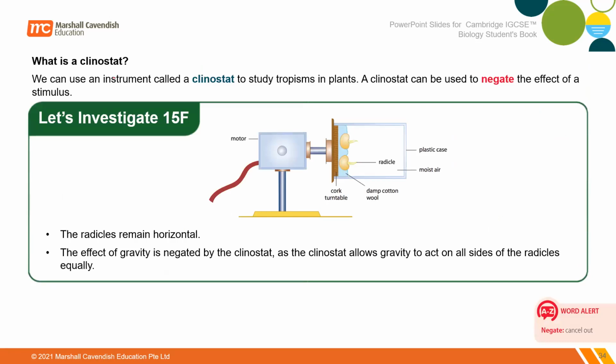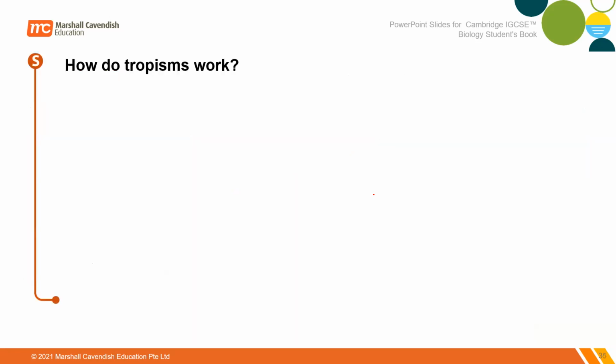The Klein state is an instrument used in order to study tropism in the plant. When we have this kind of motor rotating all of the seeds and auxins, definitely the growth will be like that, horizontal like that, without going upward or downward because there is no unequal distribution or uneven distribution for the auxins.